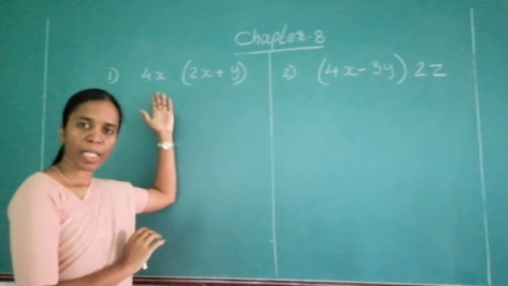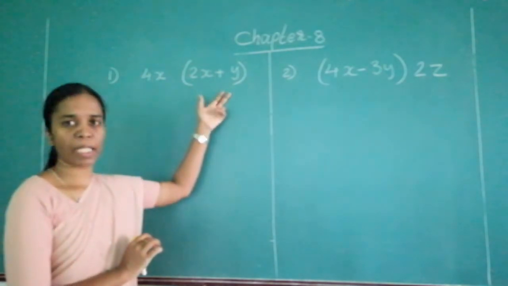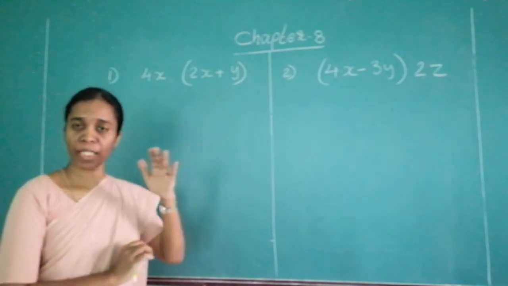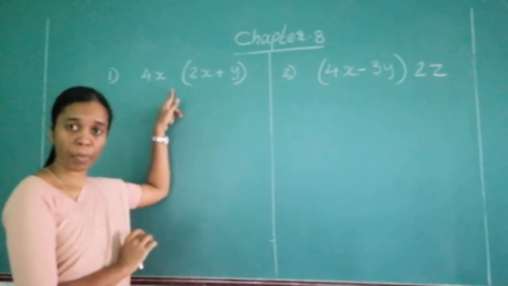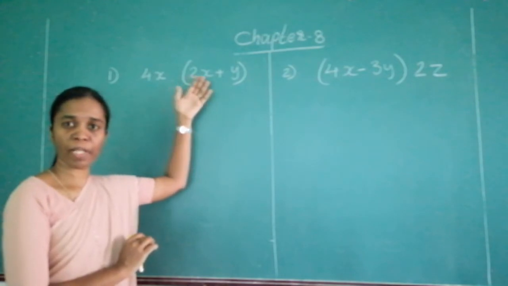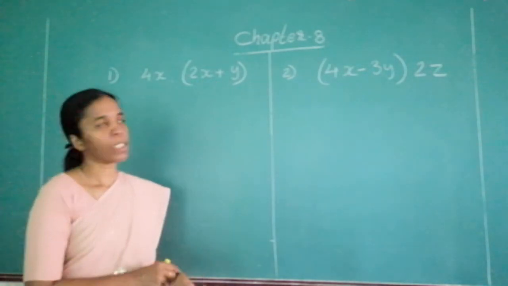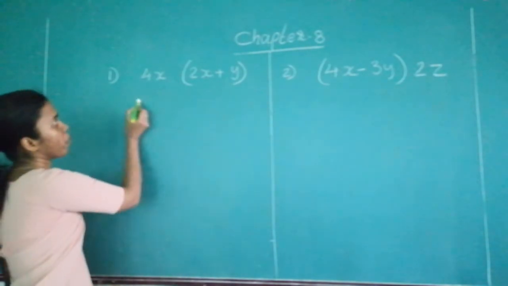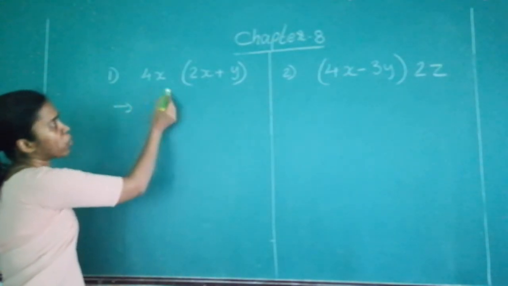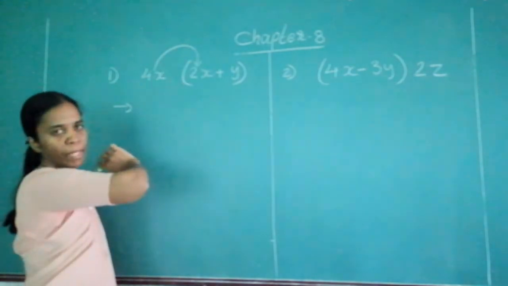Whatever is outside the bracket should be multiplied with every term inside the bracket. You have seen that with minus sign, that is subtraction, we have done that. Minus sign was outside the bracket, so we have to multiply that minus sign with every term inside the bracket. Similarly over here, 4x. So you first multiply this 4x with the first term in the bracket.